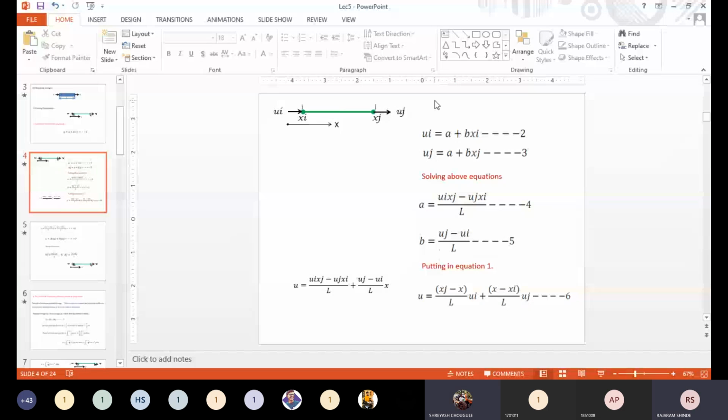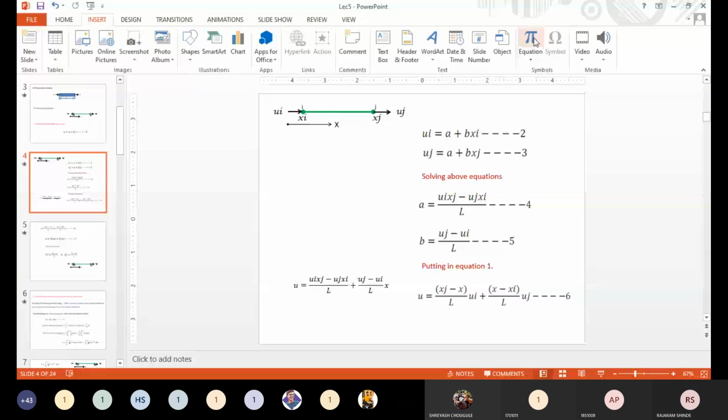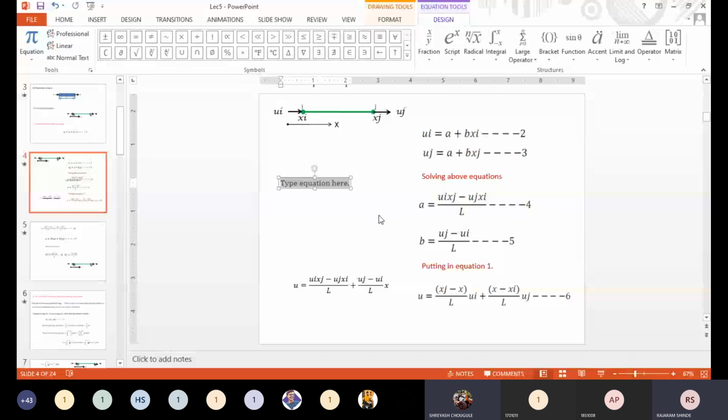B is equal to uj minus ui divided by L. Here ui equal to A plus B, that is uj minus ui, and whole divided by L into xi.